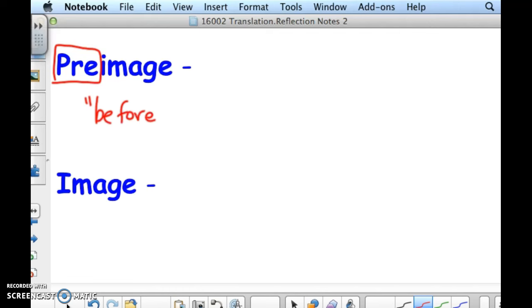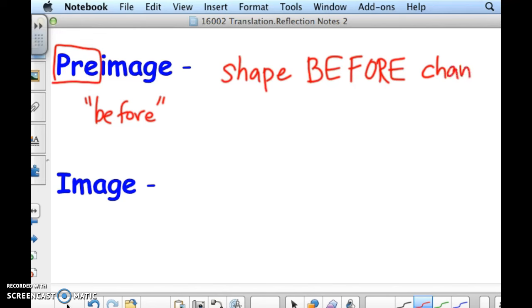So I'm thinking, okay, so this is before my image. So my pre-image is the shape before it changes. So I could say before the change, before the transformation.